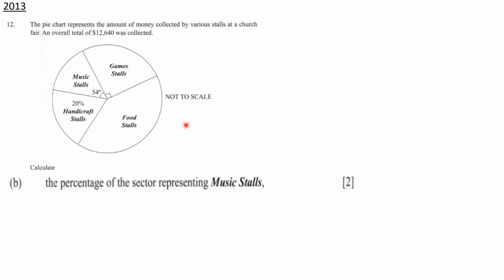They want us to figure out the percentage of the sector representing music stalls. Now, music stalls account for 54 degrees out of a total of 360 degrees. So that's why we have 54 out of 360. But we want to take that fraction and multiply it by 100 to turn it into a percentage. So 54 over 360 multiplied by 100.